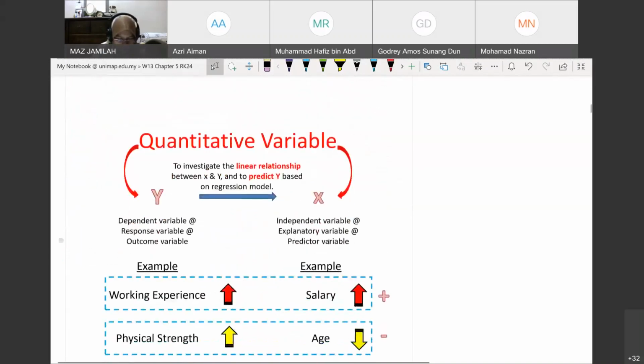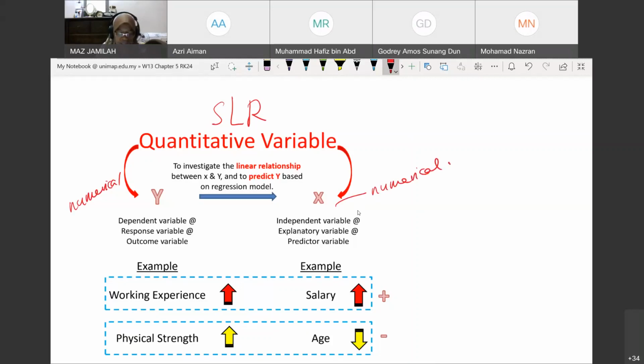Now, last time I discussed with you what the quantitative variables involved in SLR are. When I say quantitative form, it means that this y will be a numerical value, and this x is also a numerical value.